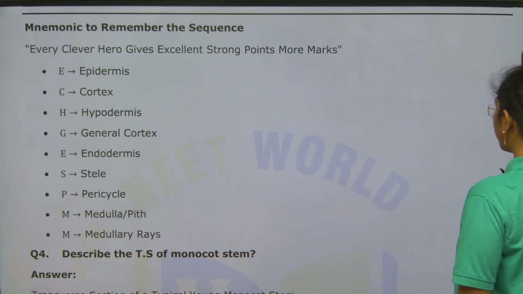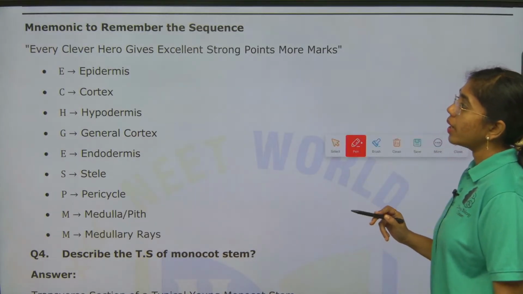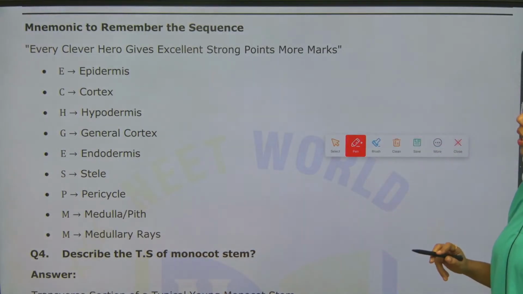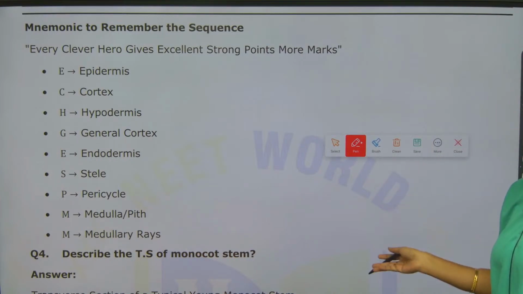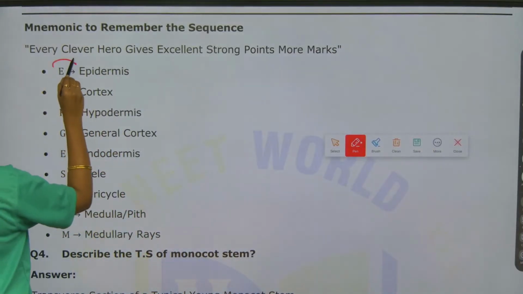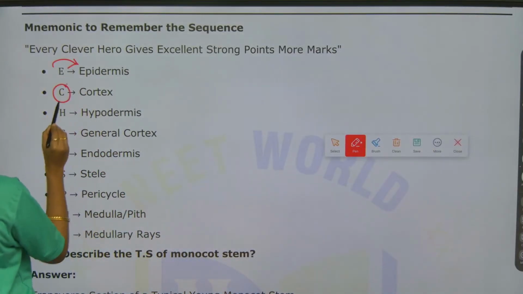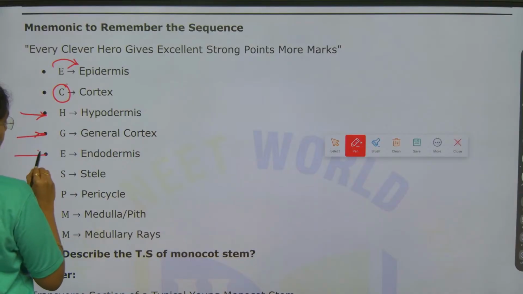How can you remember the clear description of all this? Okay, so the mnemonic which I can give you here is: every clever hero gives excellent strong points more marks. Here you see epidermis, and in the cortex region you have hypodermis, general cortex, endodermis.